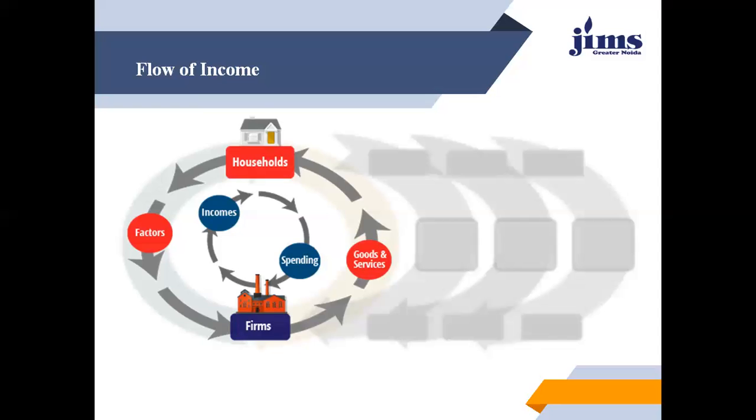Now, when households are receiving the income, they'll spend it to buy certain goods and services, and these goods and services are to be provided by the firms. So it becomes a chain or cycle here: households give factors of production and firms give goods and services.